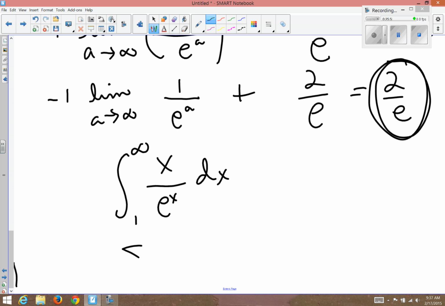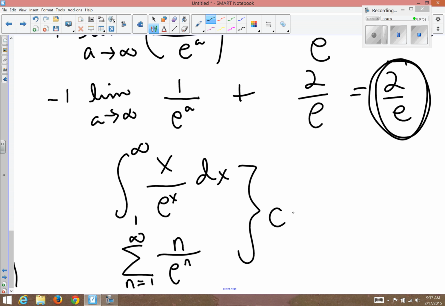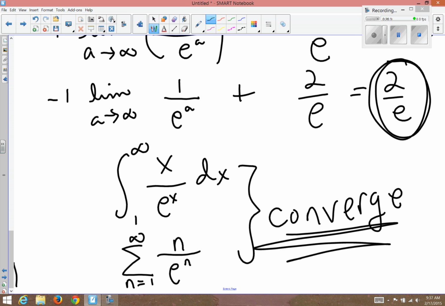So this series, sigma n over e to the n, going to infinity, both of these things converge, by the integral test.